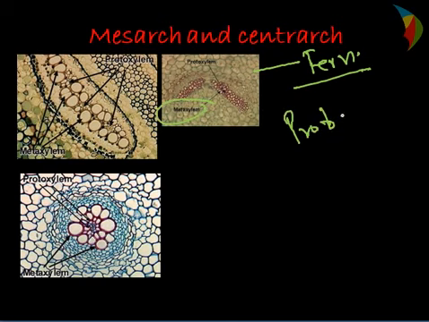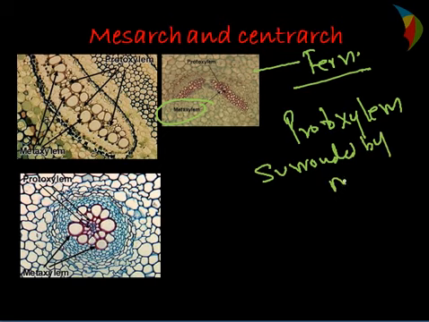The protoxylem is surrounded by metaxylem. So this occurs in many strands, and the protoxylem is located centrally. This is protoxylem, and this is surrounded by all metaxylem. So this is the mesarch type.